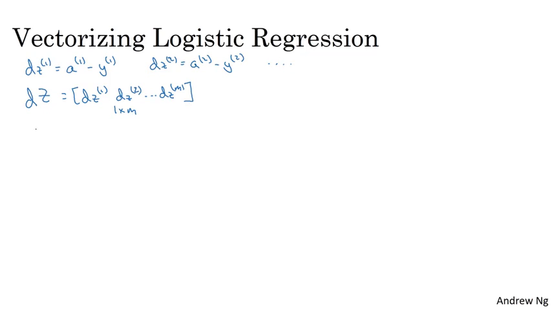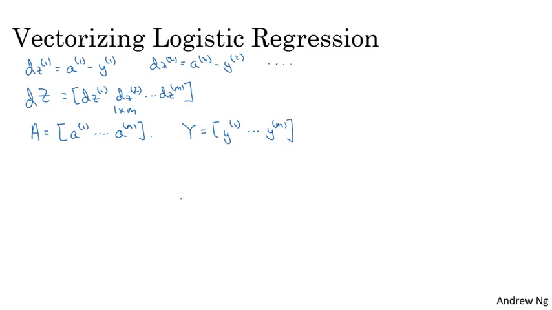Now recall that from the previous slide, we'd already figured out how to compute capital A, which was A1 through AM. And we had defined capital Y as Y1 through YM, also stacked horizontally.